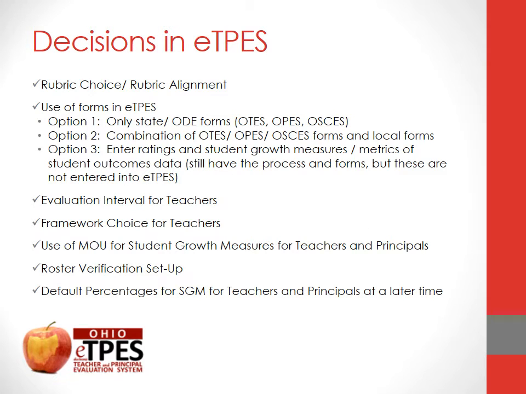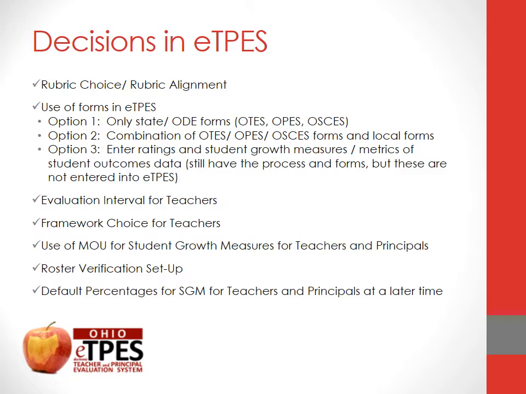The superintendent or designee will be entering many decisions in eTPES for setup in the fall. Those decisions include the following: the rubric choice, or if a rubric needs to be aligned to the state rubric.